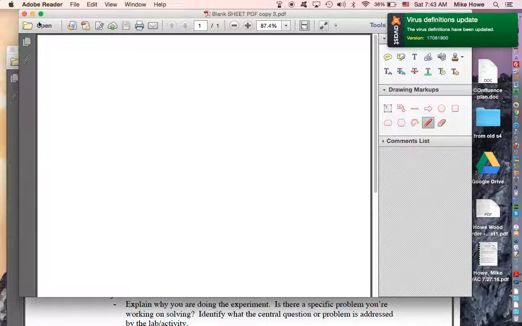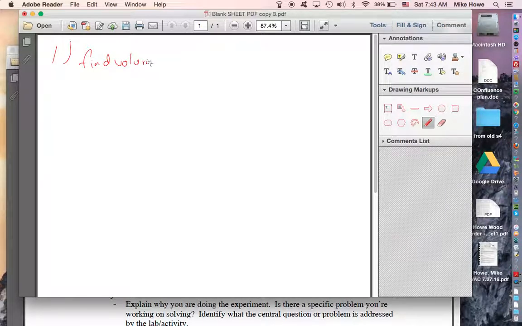So you've got dimensions. Step one would be to find the volume. After you find the volume, you'll have it in cubic centimeters.